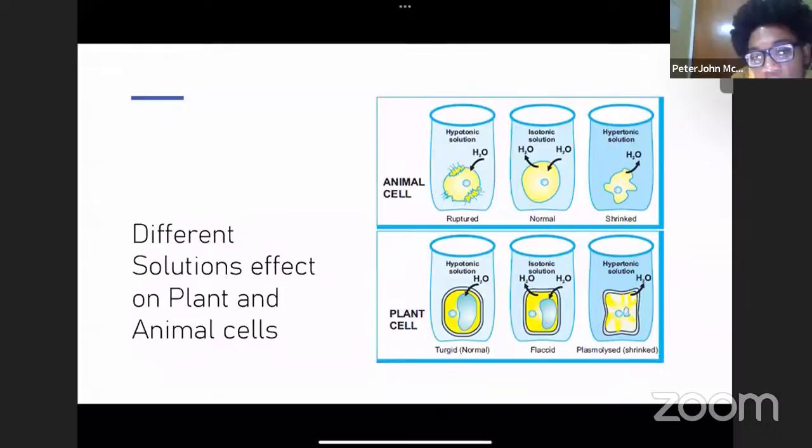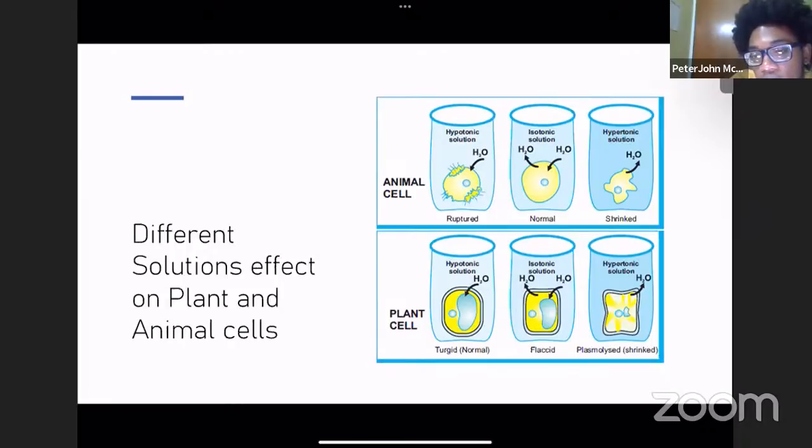All right, so when we look at the diagram, what we're seeing is that nothing is really happening, right? So isotonic solution, the concentrations inside and outside are the same. If the concentrations inside and outside are the same, we're in equilibrium. And osmosis only occurs when there is no equilibrium. So if we're at equilibrium, there will be no net result. You're not going to see any observable change in the cell. Cool? That's how I would describe it.